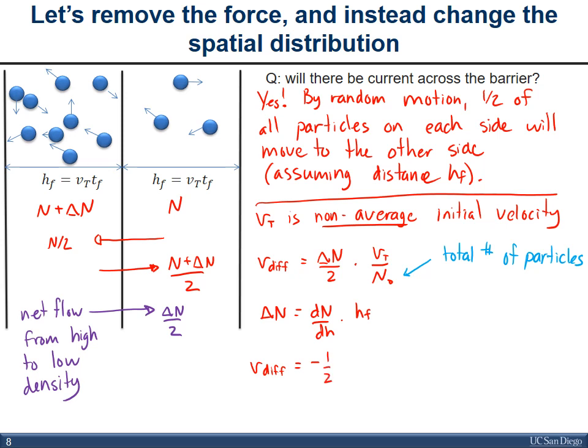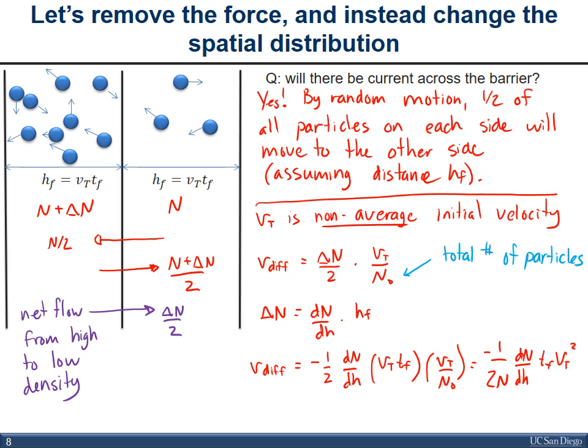The minus just becomes because we're going from net flow from high to low density, just to keep the sign correct here. dn/dh times v sub t, t sub f, v sub t over n0, which is all equal to minus 1 over 2n dn/dh t sub f v sub t, all squared.